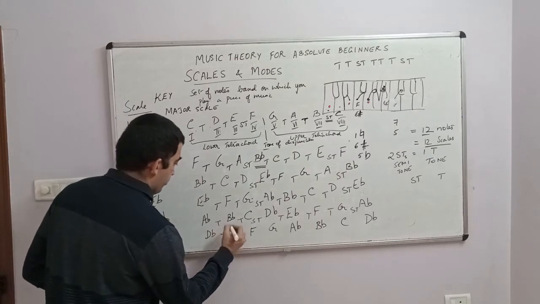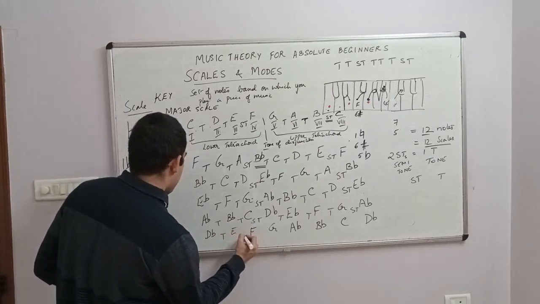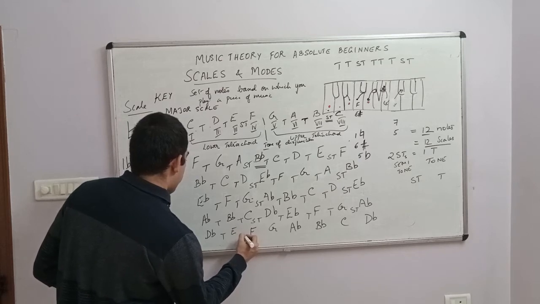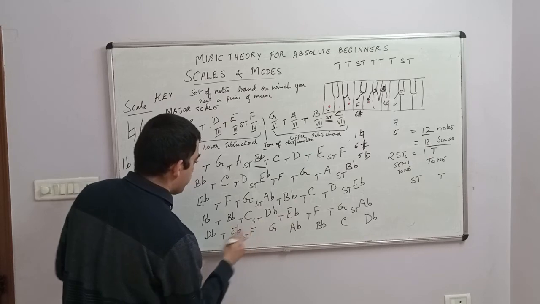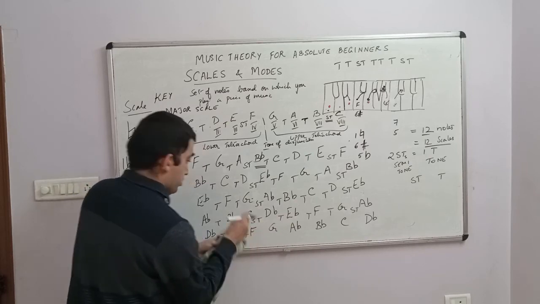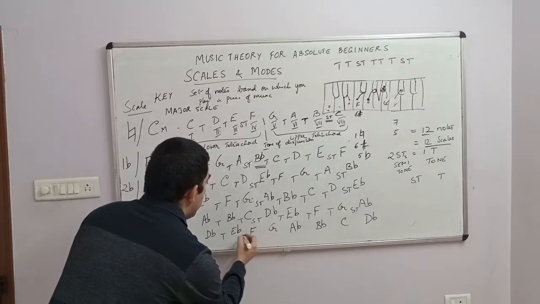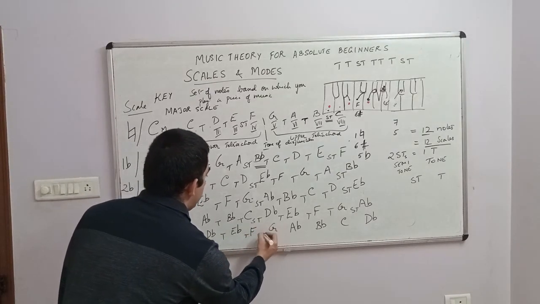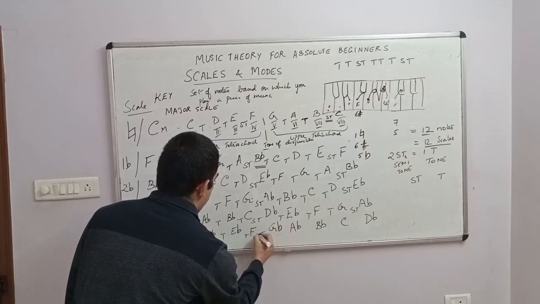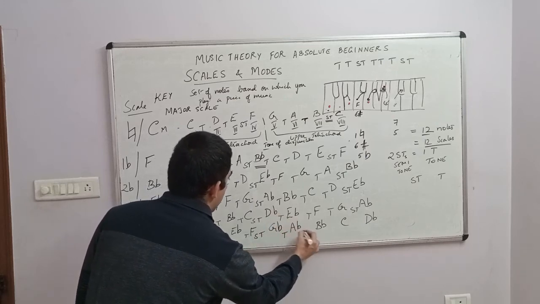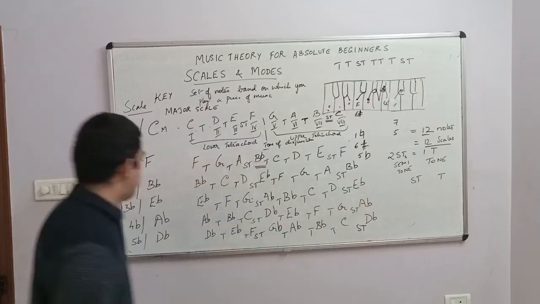D flat to E is tone, E to F is semitone. So this E was actually E flat, right? It stunned me for a moment. Anyway, right. So E flat to F is tone, F to G is again tone. You can't make it F sharp, so you make it G flat. So it becomes semitone, tone, tone, tone, semitone.